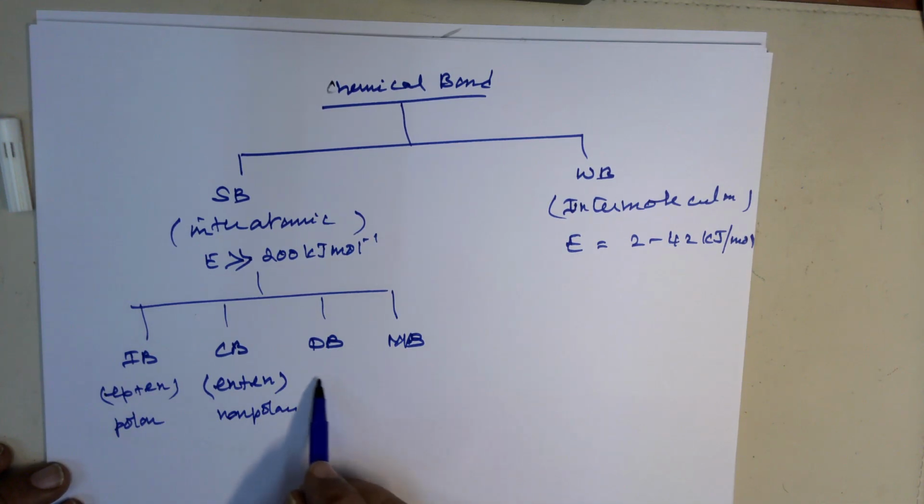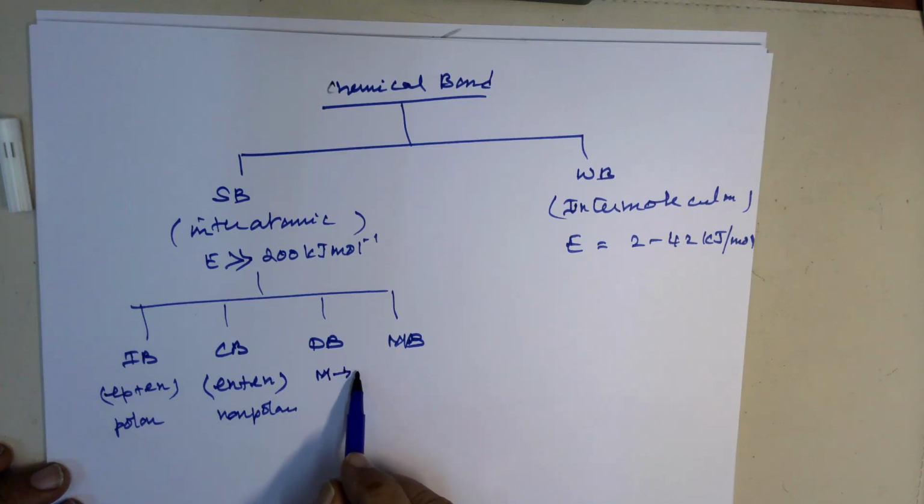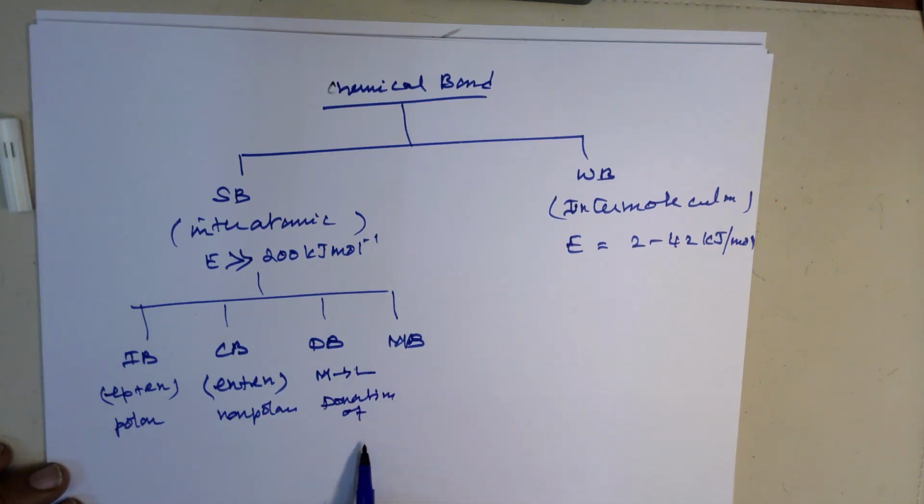And the dative bond is a kind of donation of a pair of electrons to the acceptor, so metal to ligand. So a pair of electrons is donated. In the ionic bond, there is a transfer of electrons.